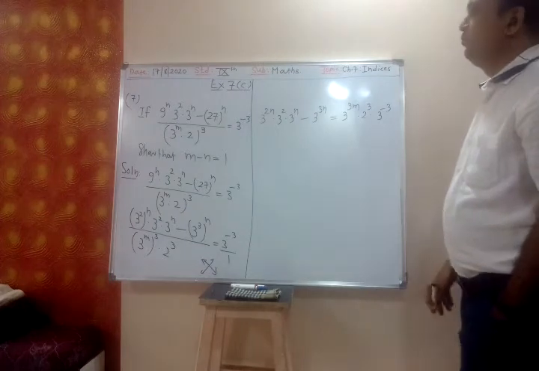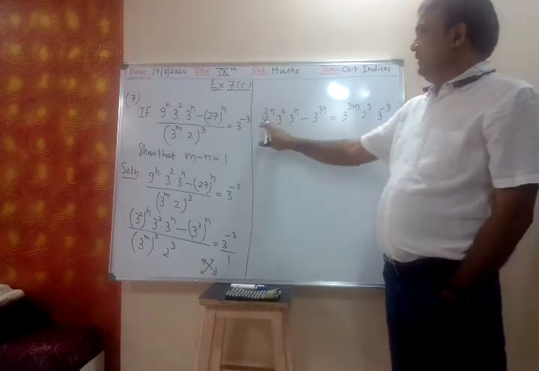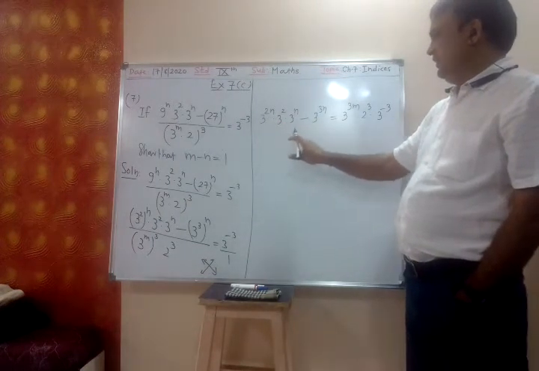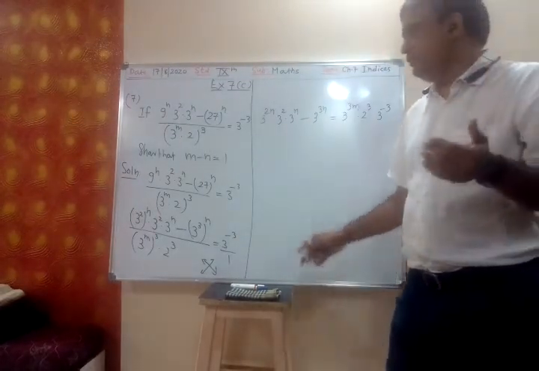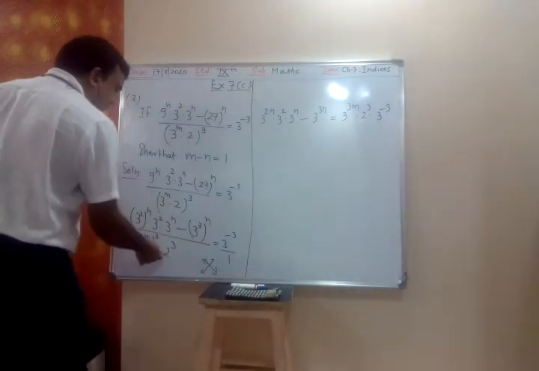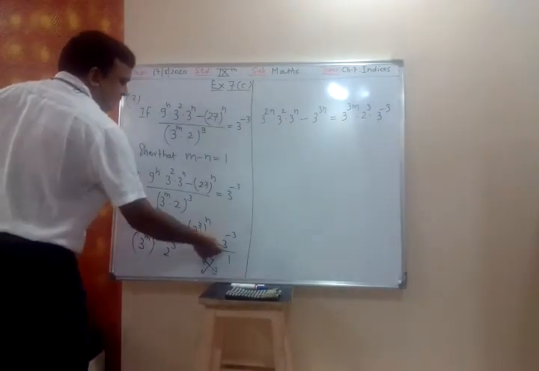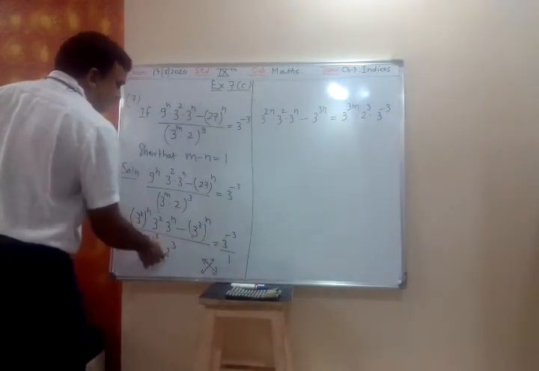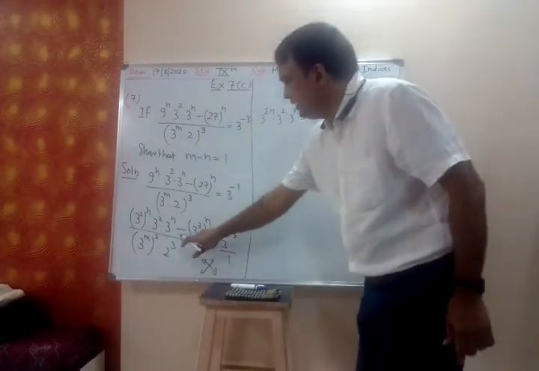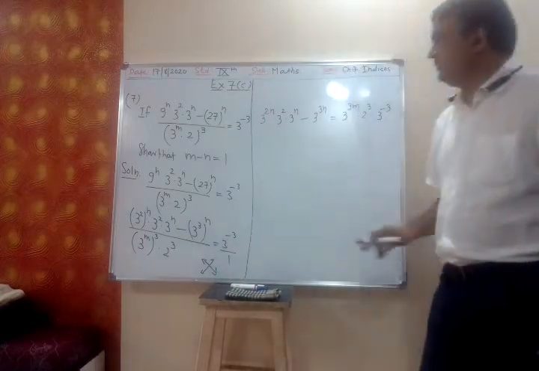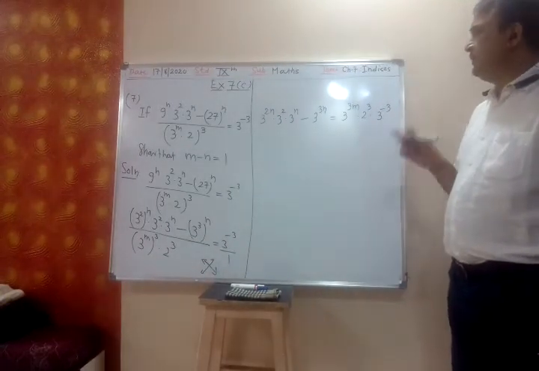See, the bracket is not put because there is no plus or minus sign. There it is multiplication, so directly I have multiplied.